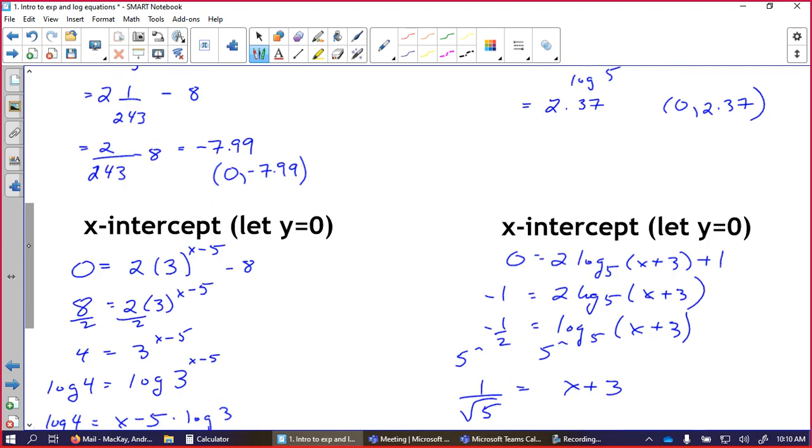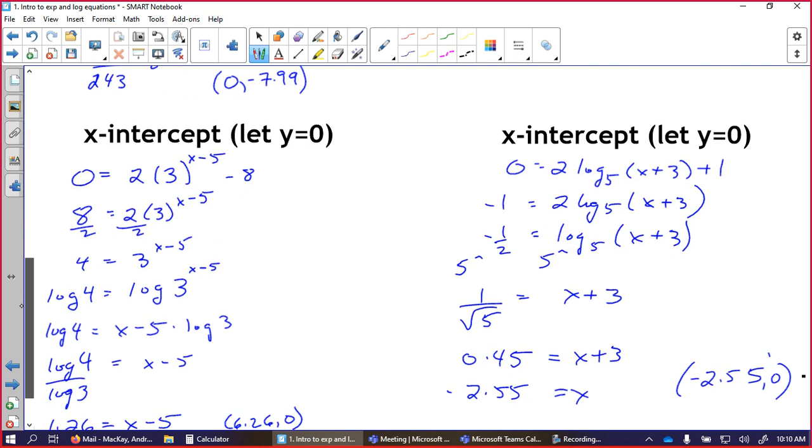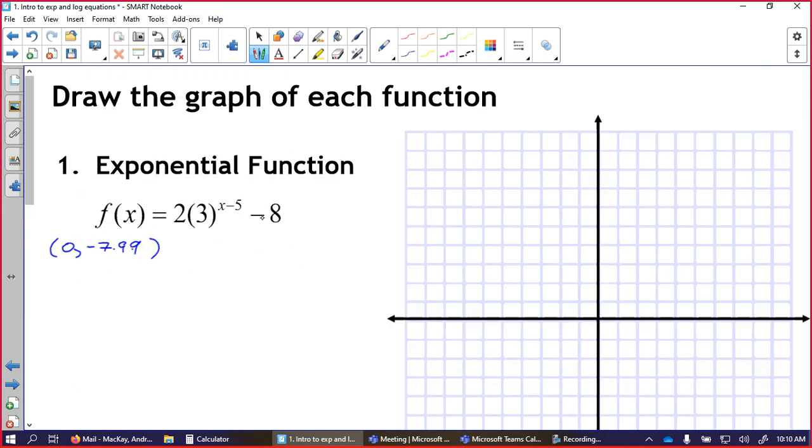So we're going to use those 2 points and look at plotting these 2 graphs. So we had 0 and negative 7.99. Of course, I can't remember the other point. 6.26 and 0. So if we were graphing this, just to remind ourselves, our base function is 3 to the x. So we need negative 1, 0, 1.